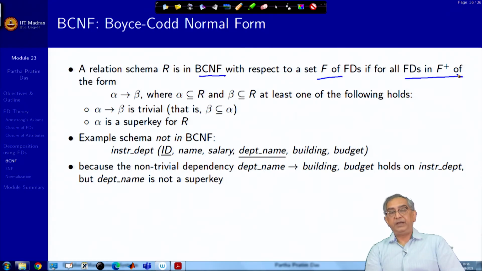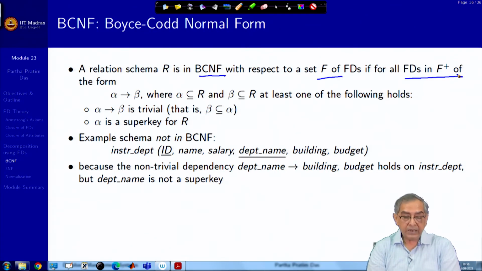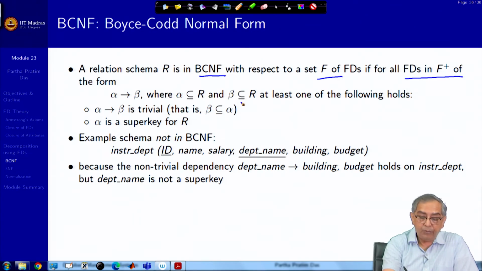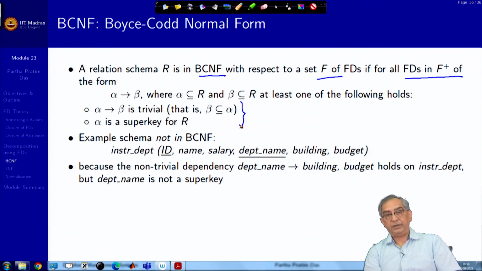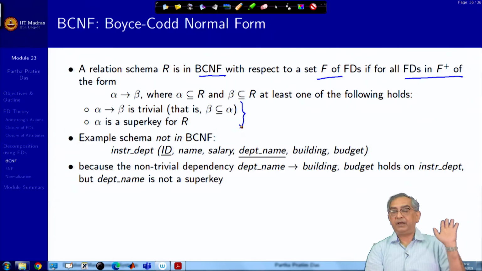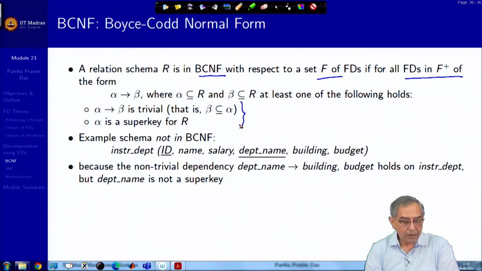If all FDs, all functional dependencies in the closure, satisfy any one of these properties. What are the properties? Every functional dependency is either trivial, meaning the right hand side is a subset of the left hand side, right, it is trivial, reflexivity, or the left hand side is a super key for R, for the relation.